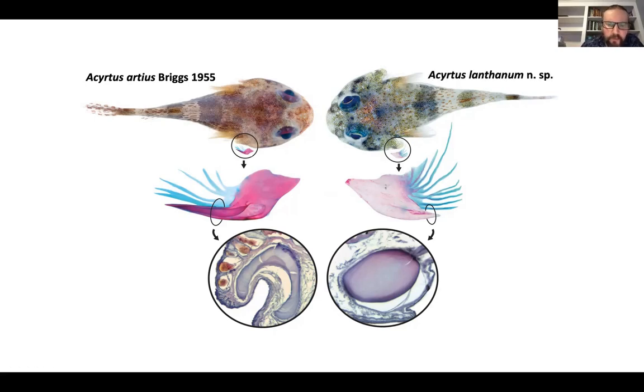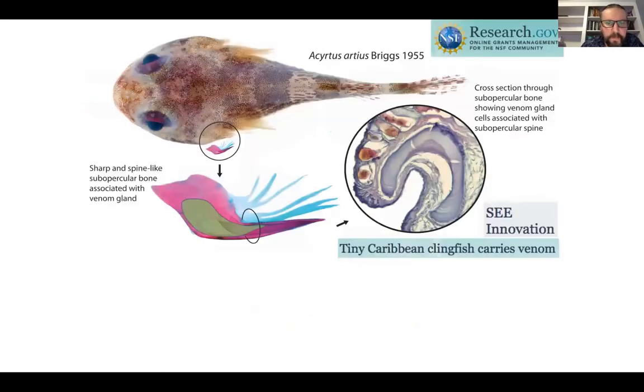And so, although these fishes look superficially similar, they have very different traits. And this combination of traits suggests to us that Acyrtus artius may actually be a venomous clingfish.